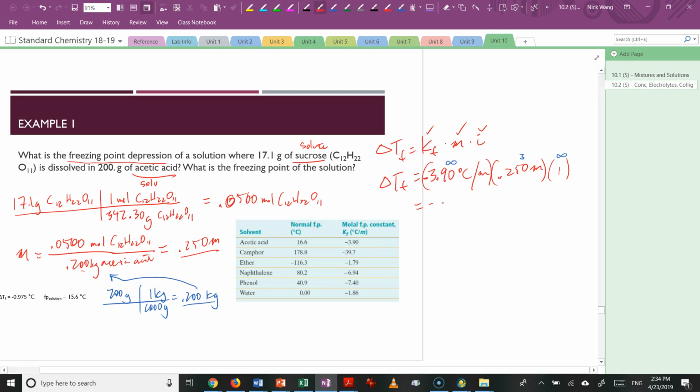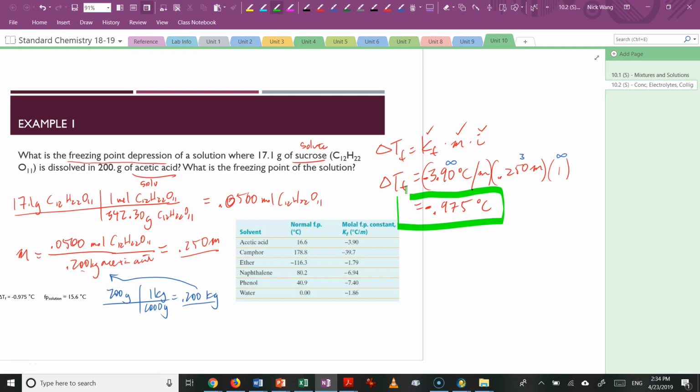So your value here is negative 3.90 degrees Celsius. That is totally not correct. Let's try that again. That'd be 0.975 degrees Celsius, and that's negative, of course, because the temperature change has gone down. We've decreased that amount. So that takes care of this first question, which asks you, what is the freezing point depression? That's negative 0.975, and that makes sense because we dropped the temperature by 0.975 degrees.